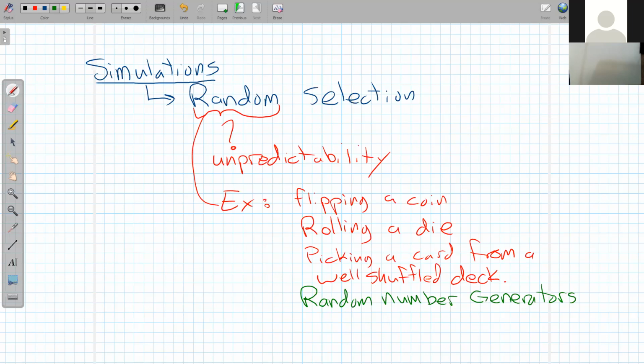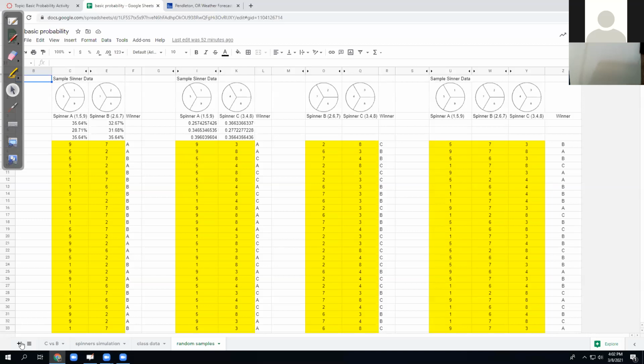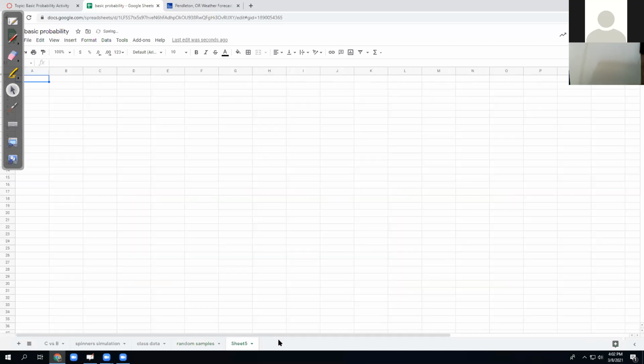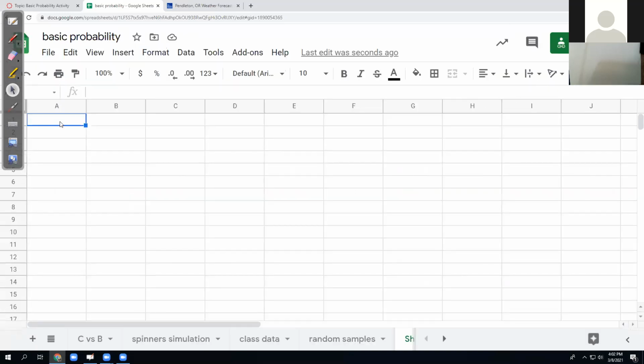And I just want to demonstrate that spreadsheets have a random number generator. So let me get a new tab here. Blow it up a bit. So I'm going to show a couple of different random number generators.